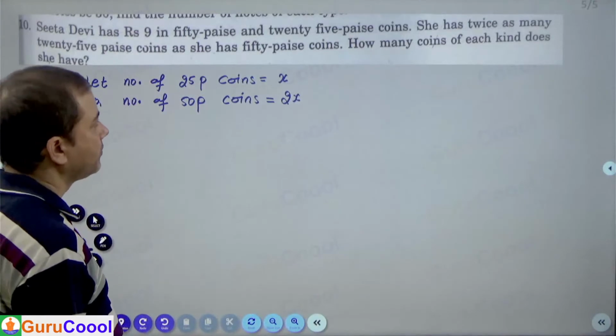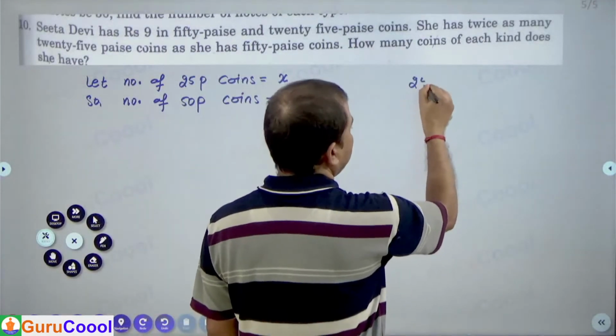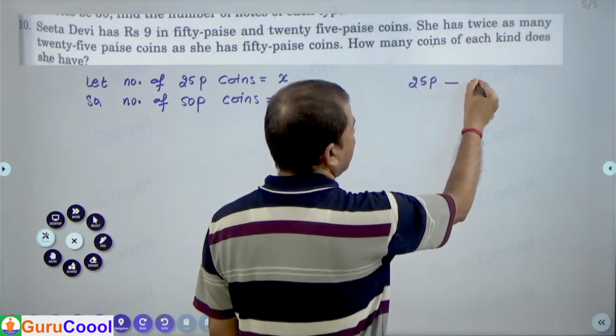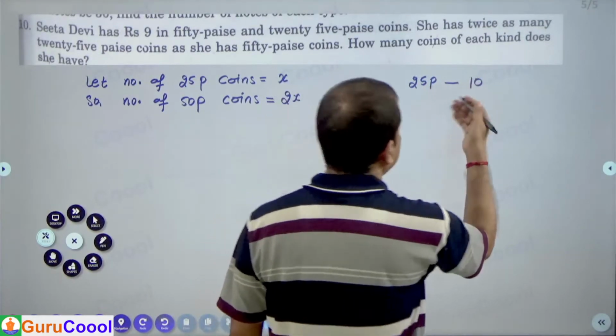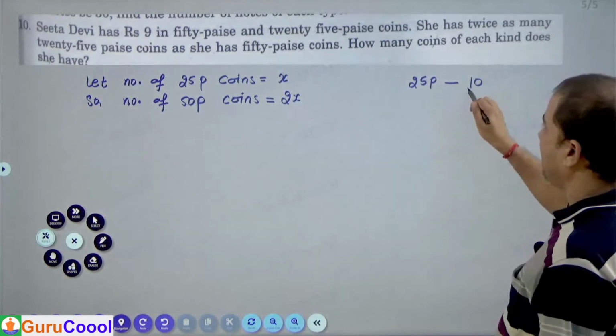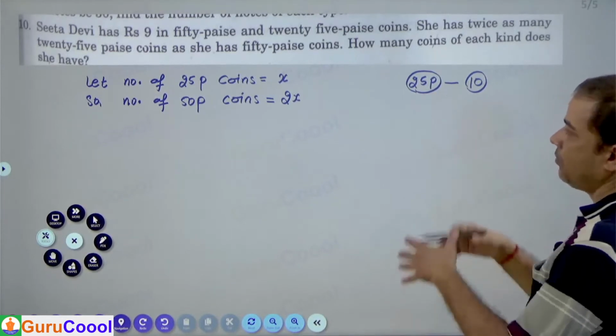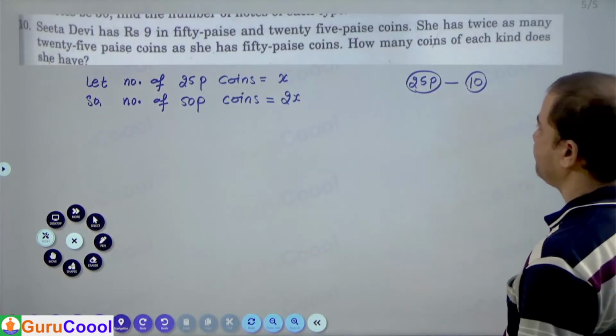Okay. Now tell me, if you have 25 paise coins, 10, how will you calculate how much money they are making? You have 10 coins of 25 paise each. How much money will they make?